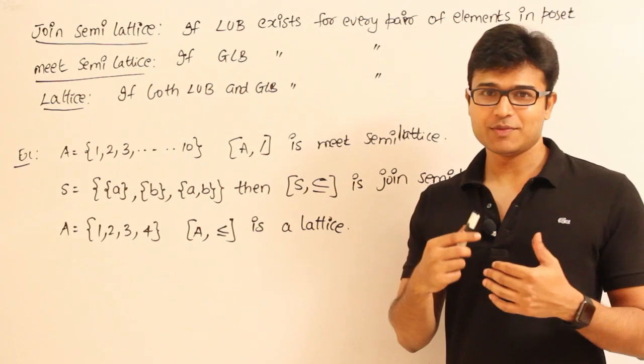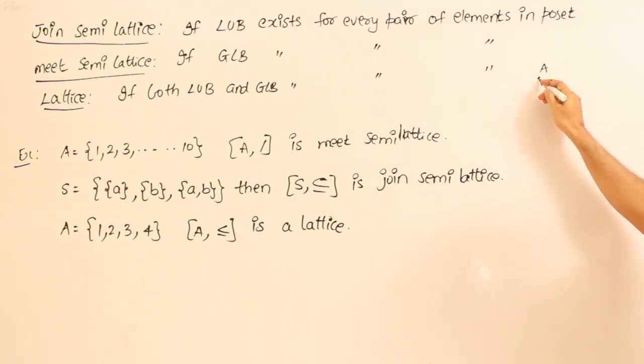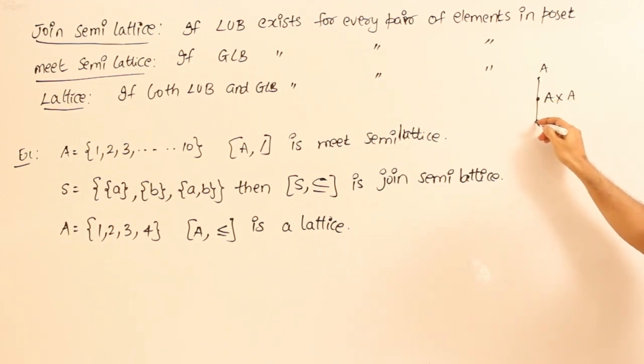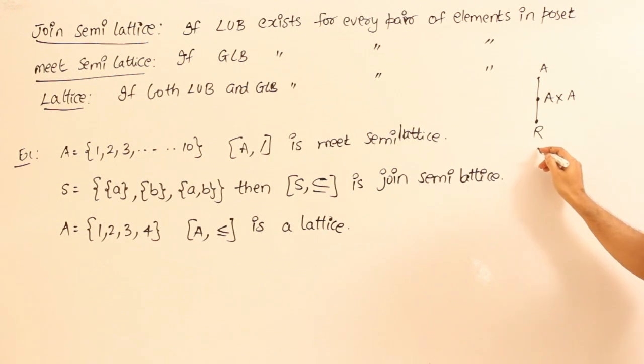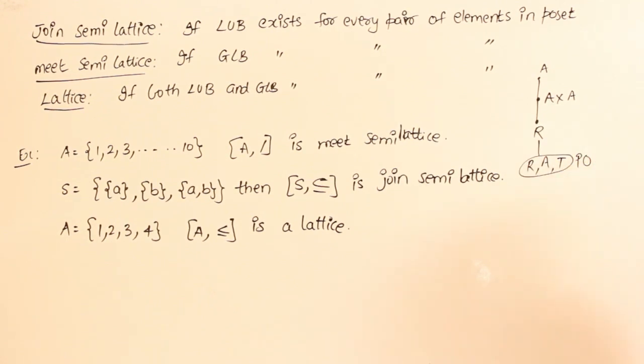So how did we build the concept? Initially we talked about a set and then the Cartesian product, right? And a subset of the Cartesian product is nothing but a relation. Now if a relation happens to be reflexive, antisymmetric and transitive, then we call such a relation a partially ordered relation.